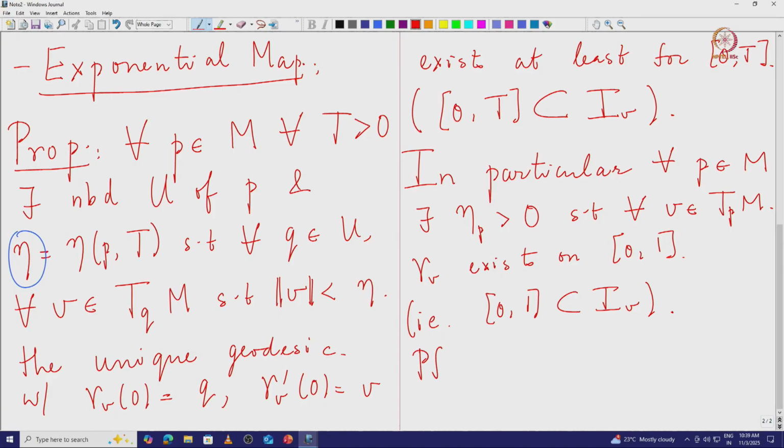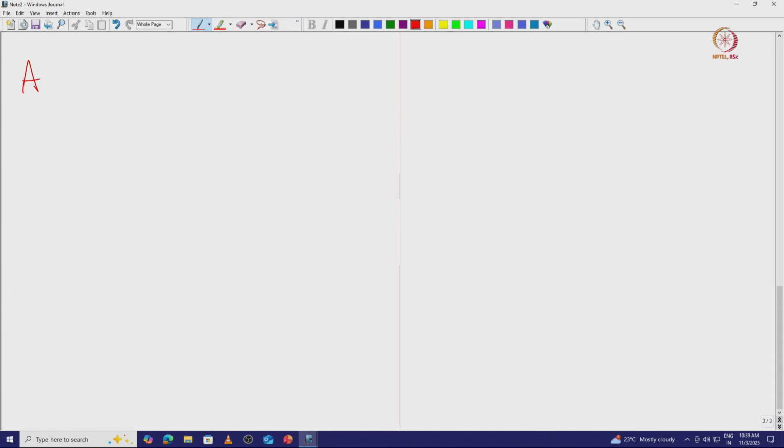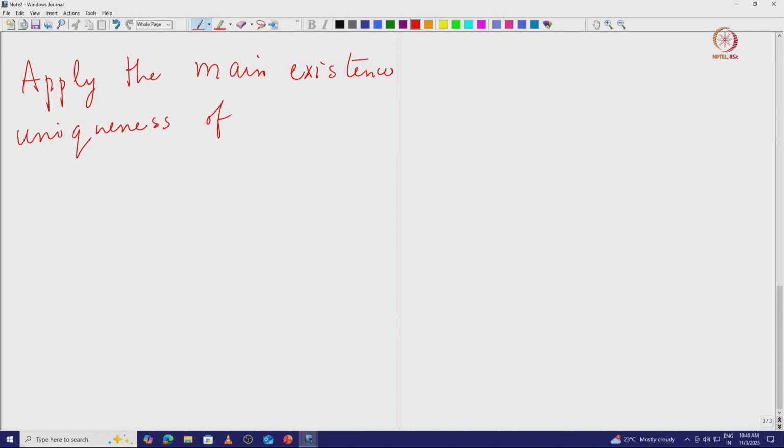The proof I will leave as an exercise, and the hint is that you have to apply the main existence uniqueness theorem of geodesics with the rescaling trick.